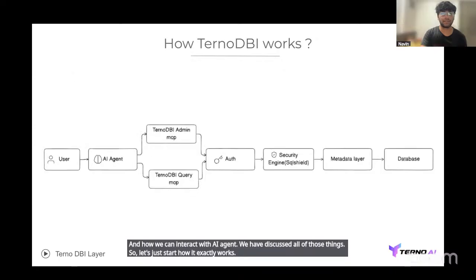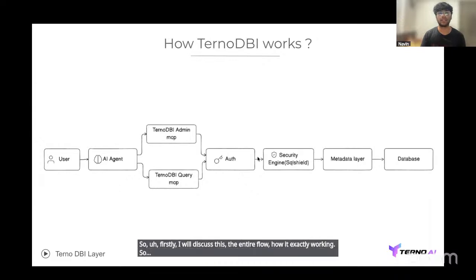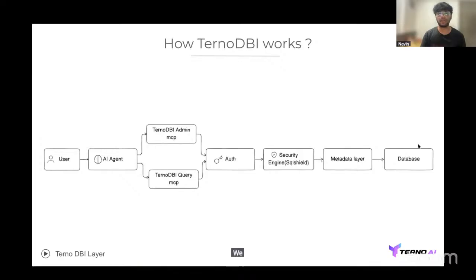Firstly, I will discuss the entire flow, how it works. After launching the server, we configure our database and we connect TurnoDBI to any AI agent as an MCP. Till this point, we have done these things.